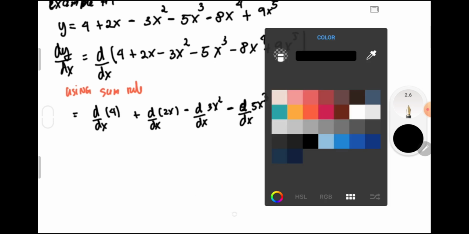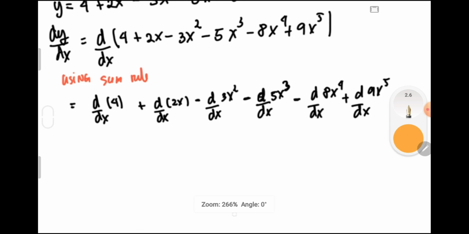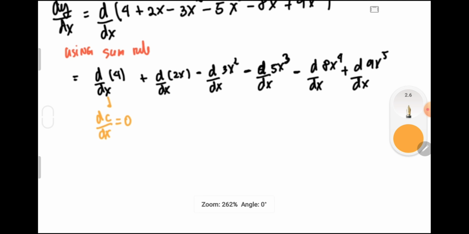So after the sum rule, the next step is to differentiate the 4, which is the derivative of a constant with respect to dx, so we'll have a value equal to 0.